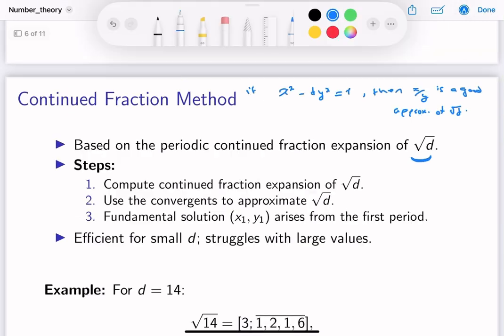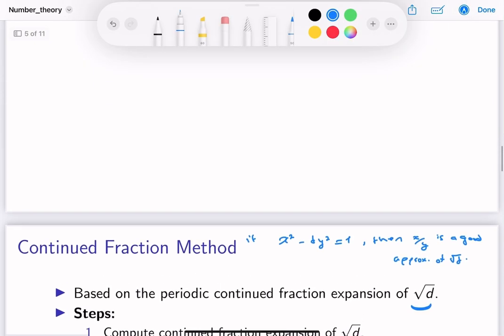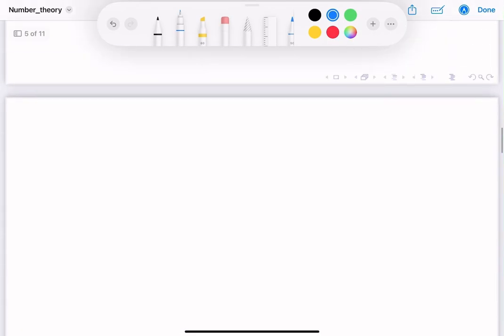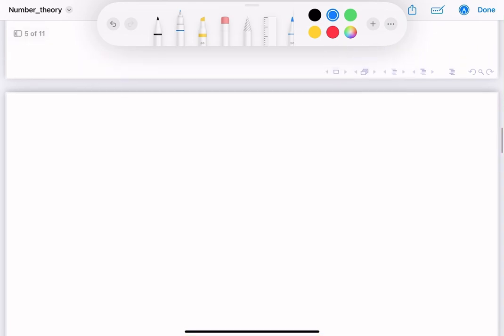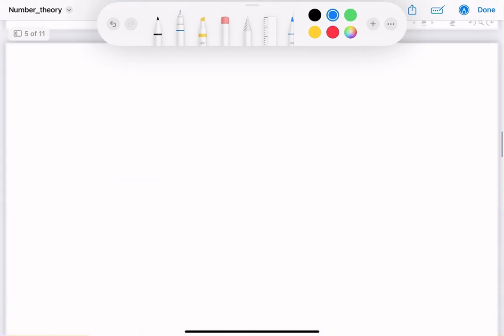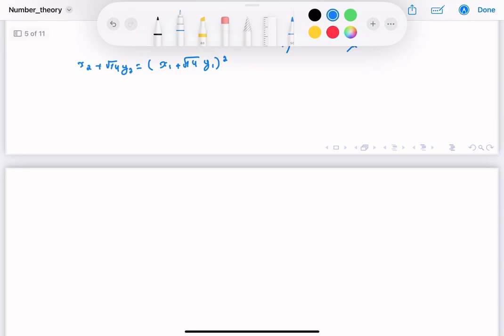It might be a good idea to write down some extra details here, because this can be a little bit tricky. So let me remind you of something. Here is the algorithm for solving Pell's equation.